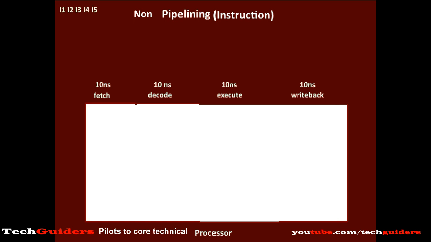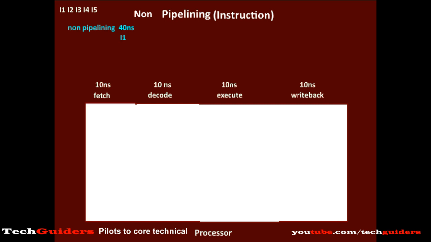In the non-pipelining approach, the processor starts fetching instruction I1. When I1 fetching is over, I1 will be decoded, then I1 will be executed, then I1 will be written back. So after 40 nanoseconds, instruction I1 is processed out.